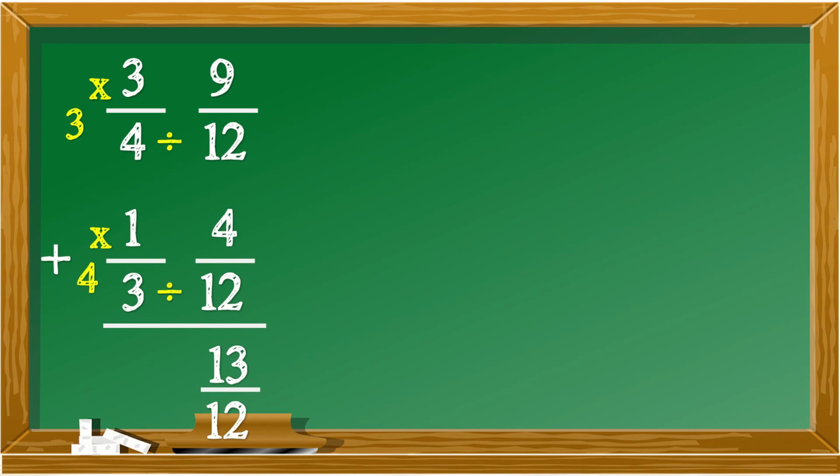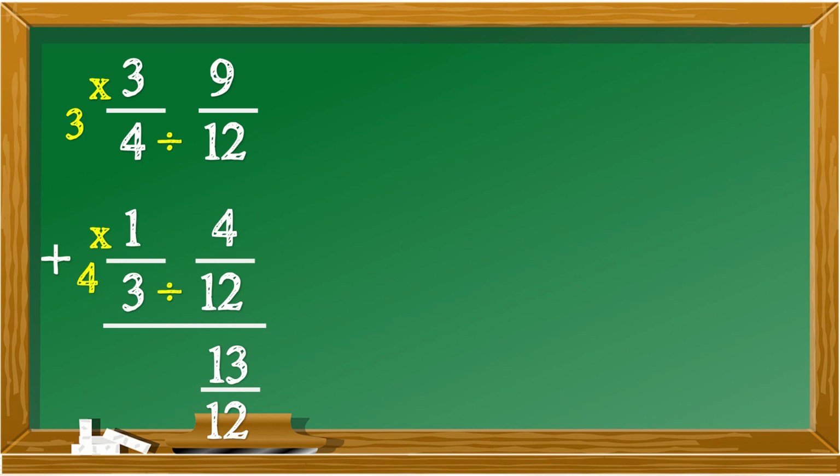But this fraction is an improper fraction because the numerator must be smaller than the denominator. But in this case, 13 is greater than 12. So we need to change this fraction into mixed form.